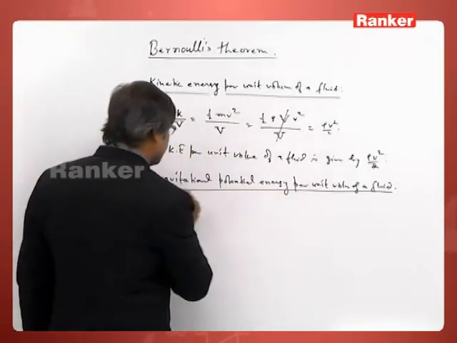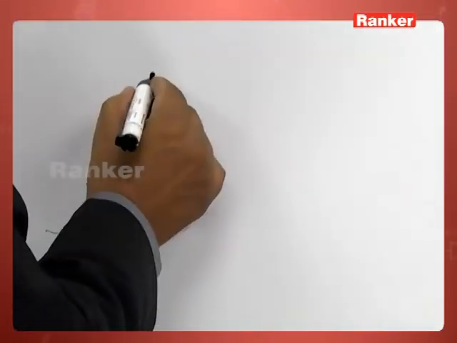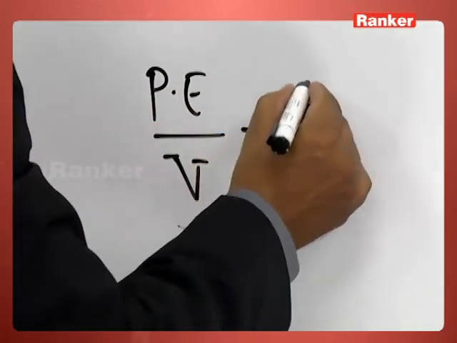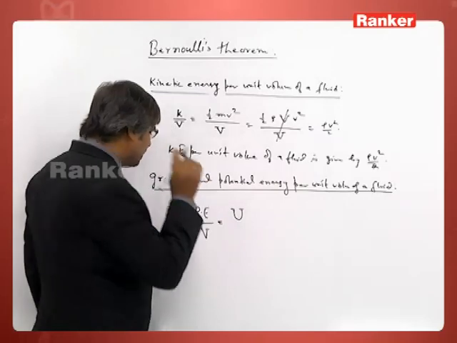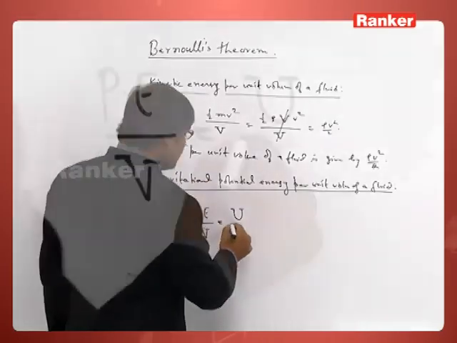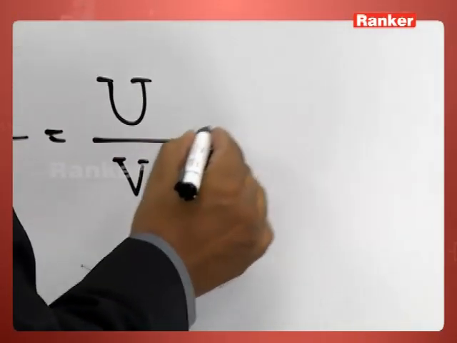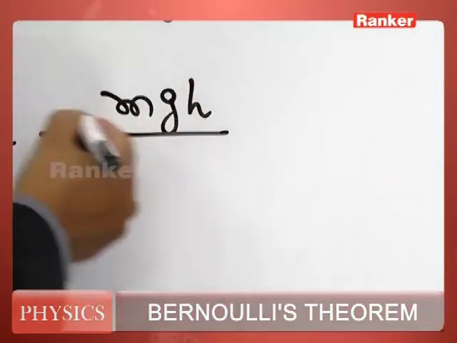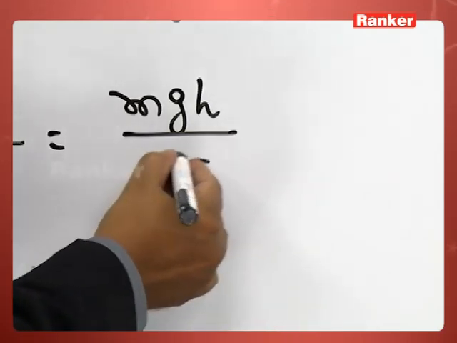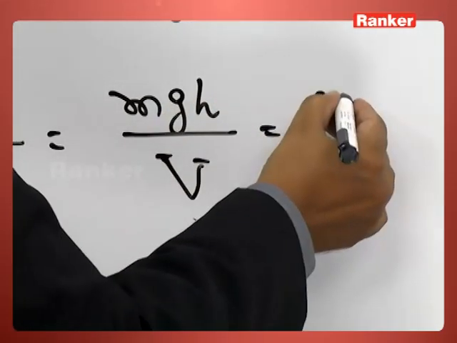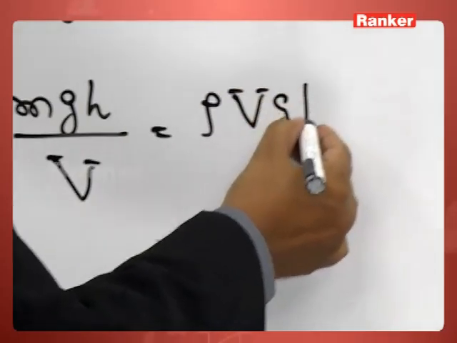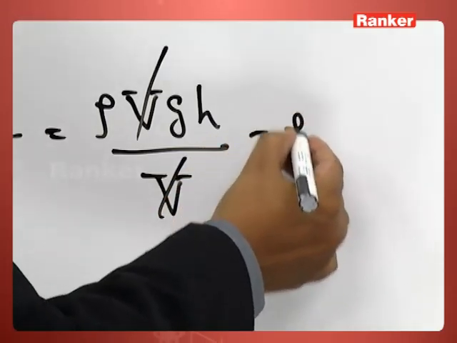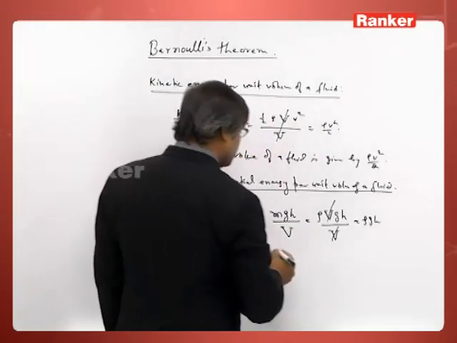We call the kinetic energy Ke, and for potential energy the letter we reserved is U, divided by volume V. Suppose m is the mass, then mgh will be the gravitational potential energy; mass is rho into volume V, so rho V g h divided by V. So V cancels, leaving rho g h.